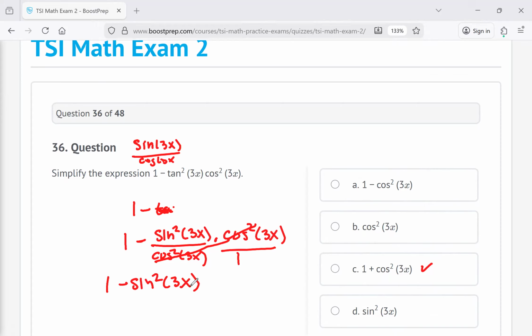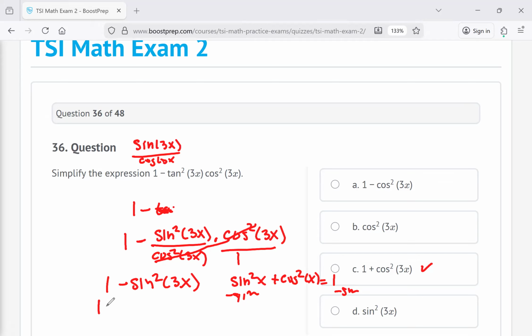Okay. And what is 1 minus sine squared? You use your Pythagorean identity. Sine squared of x plus cosine squared of x equals 1. And when you subtract sine squared x from both sides, you're going to get cosine squared of x.